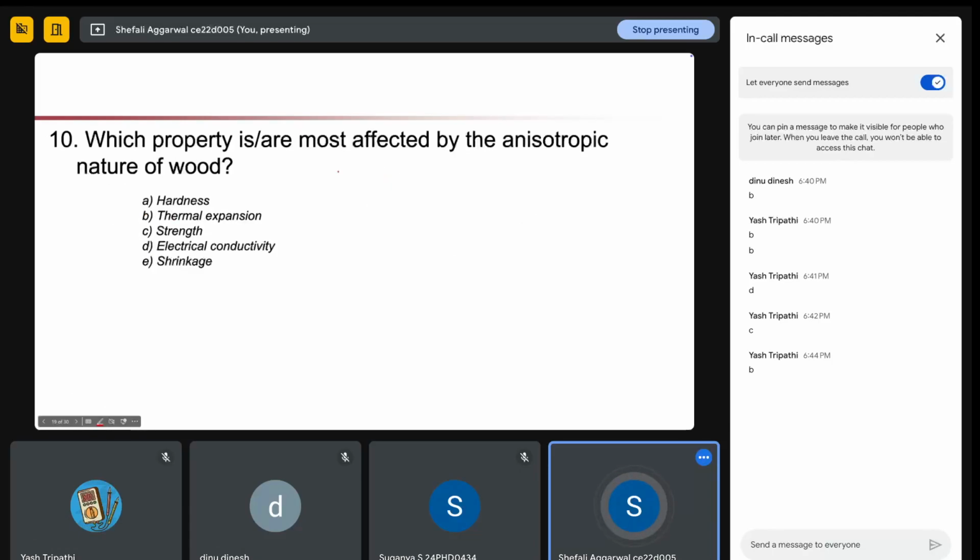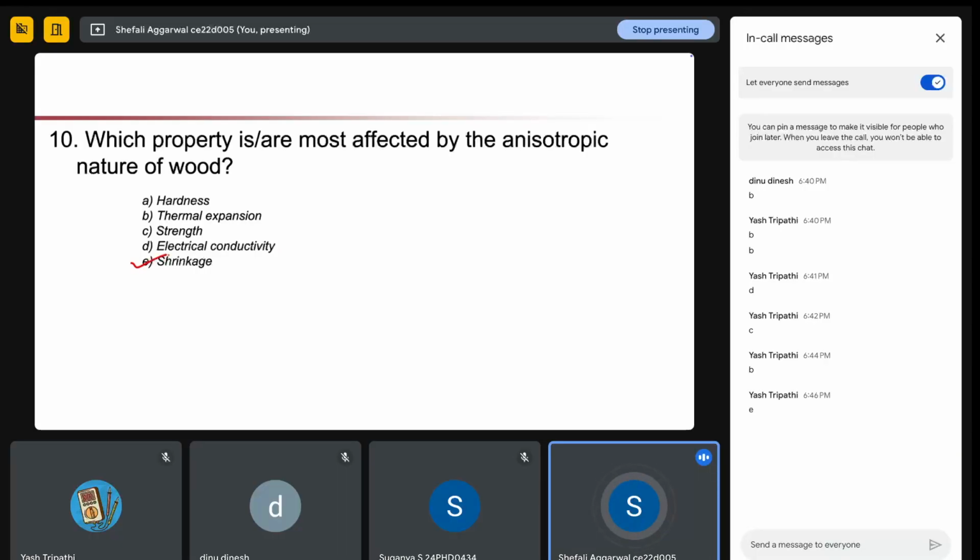Next question is, which property is or are most affected by the anisotropic nature of wood? Hardness, thermal expansion, strength, electrical conductivity or shrinkage? E, shrinkage.